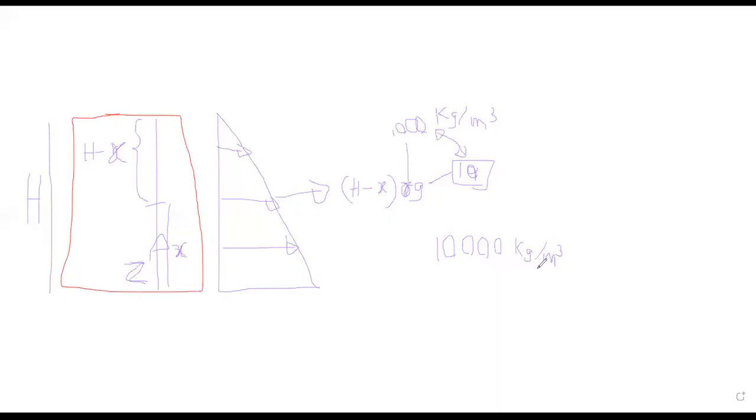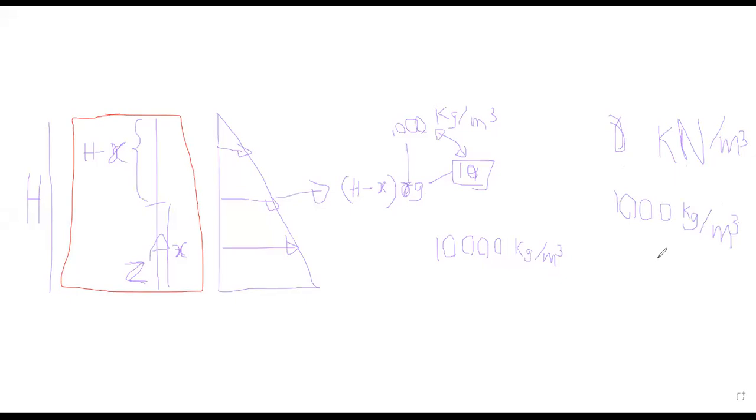So what you need is the specific weight, right? In kilonewtons per meter cube, and you have 1000 kilograms per meter cube, and 1000 means how much newtons.